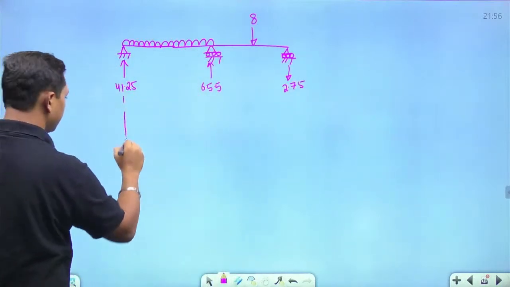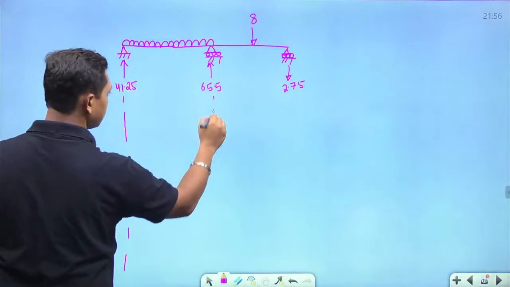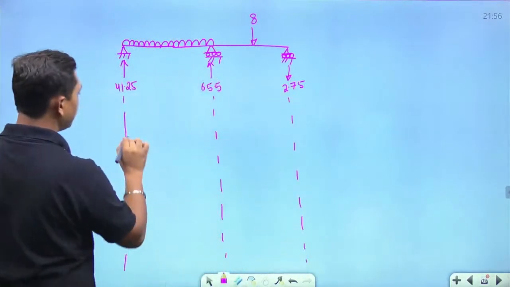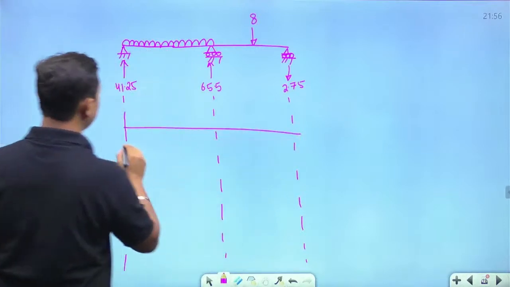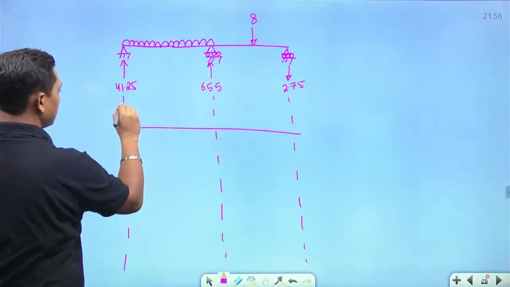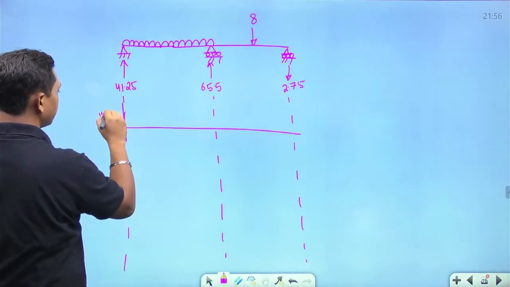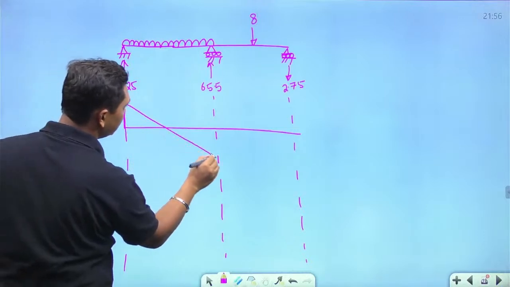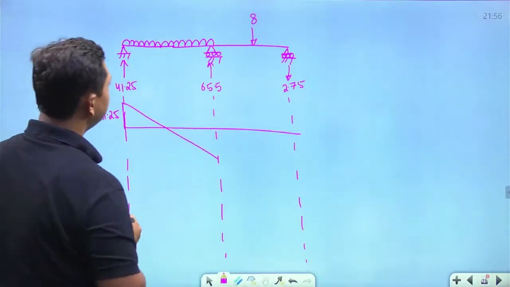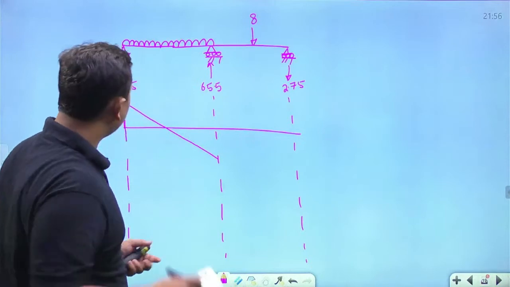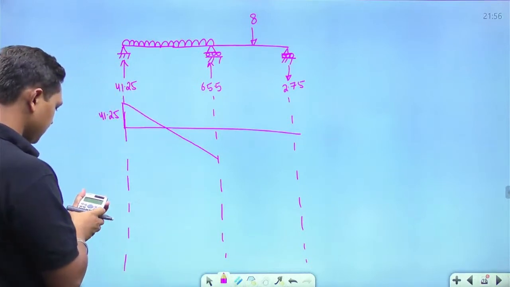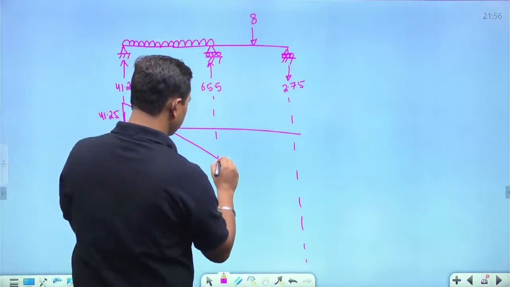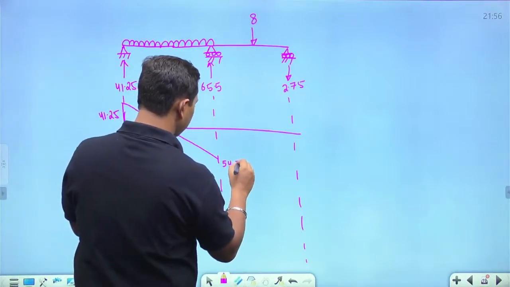Now let us draw the shear force diagram. The shear force diagram over here starts at plus 41.25. Then there is a UDL, so an inclined straight line in the downward direction, and this will come out to be 41.25 minus 12 into 8, which is minus 54.75.